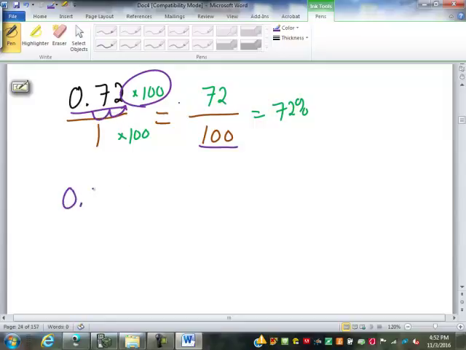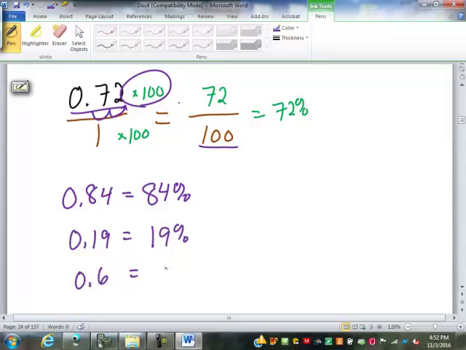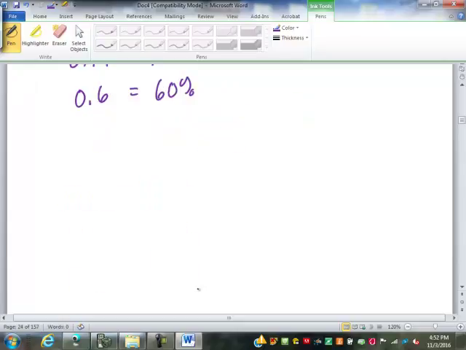So 0.84 is going to become what as a percent? 84%. 0.19 will become 19%. 0.6, 60%. Just got to go 2 spots.